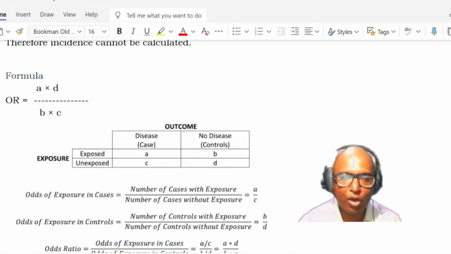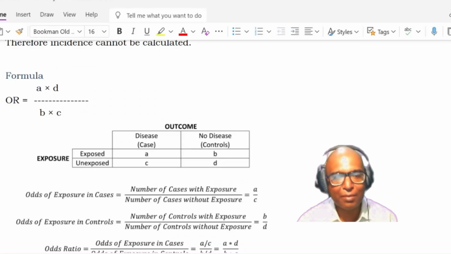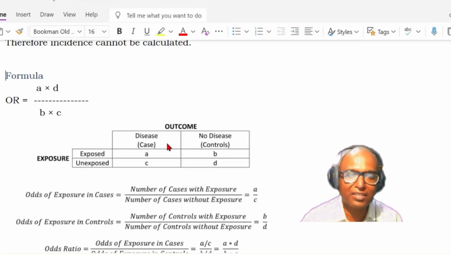Okay, so what is the formula for the odds ratio? It is AD upon BC. These are the disease cases and these are the non-disease, and this is the exposure status, exposed and unexposed, and we formulate this as A, B, C, D in the 2 by 2 table.